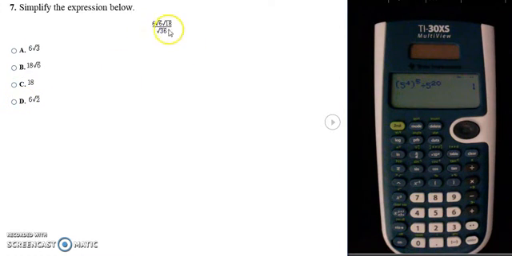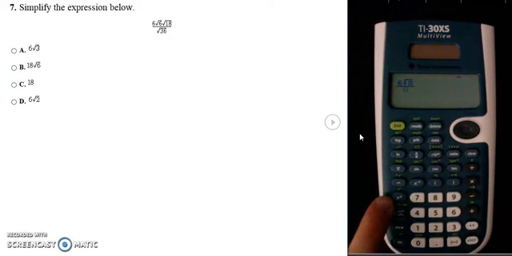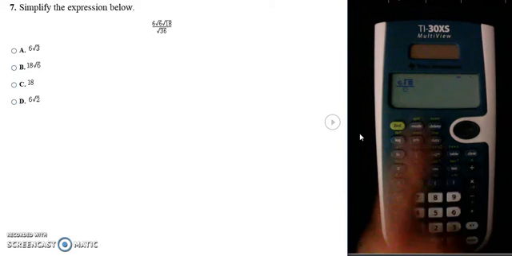This next problem is simplifying square roots that are being divided by the fraction bar. So this problem's all one big fraction, so I'm going to go ahead and press the fraction button so I can start to fill it in. In the top I have 6 square root of 6 times square root of 18. So I'm going to type in a 6 and then a second square root, and now I'm typing the 6 underneath.